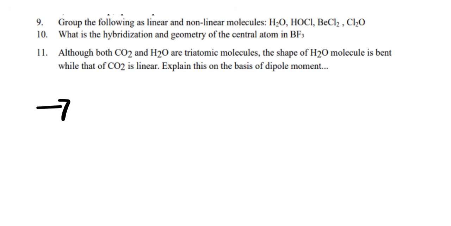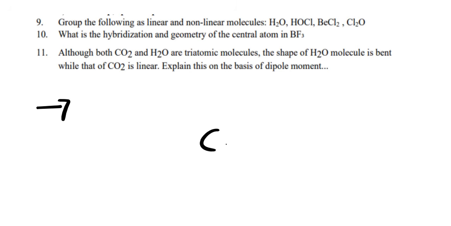Then, although both carbon dioxide and water are triatomic molecules, the shape of water molecule is bent while that of carbon dioxide is linear. Explain this on the basis of dipole moment. Now, I think we've talked about this when I was just introducing the topic. Let's start with carbon dioxide. We said carbon dioxide itself is a linear molecule.